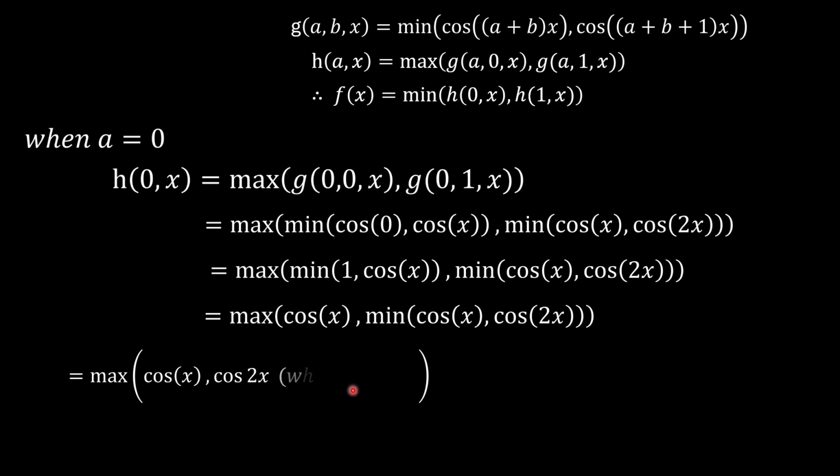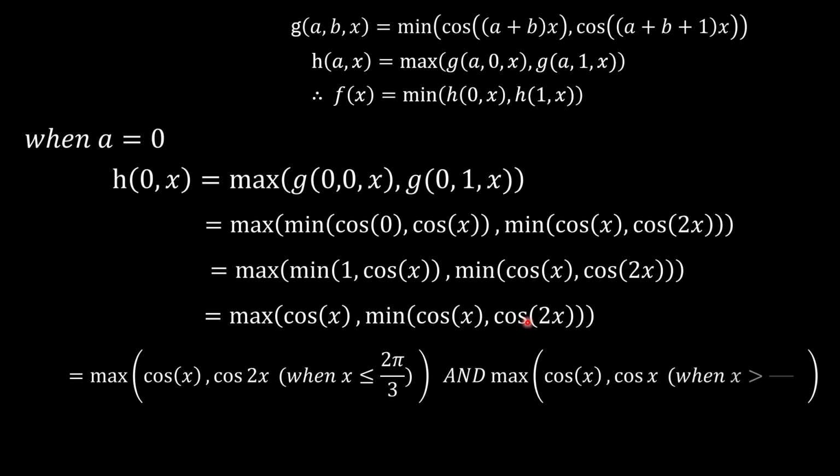We will see that when x is less than 2 pi over 3, cosine 2x is greater than cosine x, and when x is greater than 2 pi over 3, cosine x is less than cosine 2x. So cosine 2x is less than cosine x when x is less than or equal to 2 pi over 3, and when x is greater than 2 pi over 3, cosine x becomes the minimum.